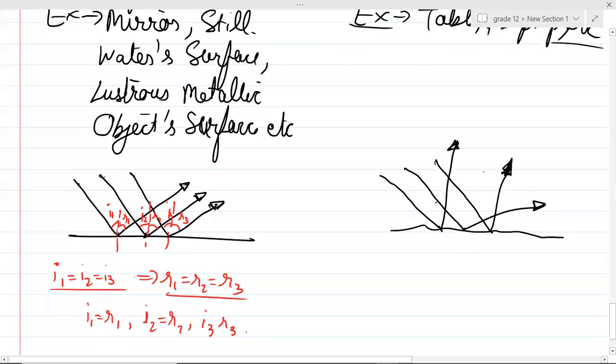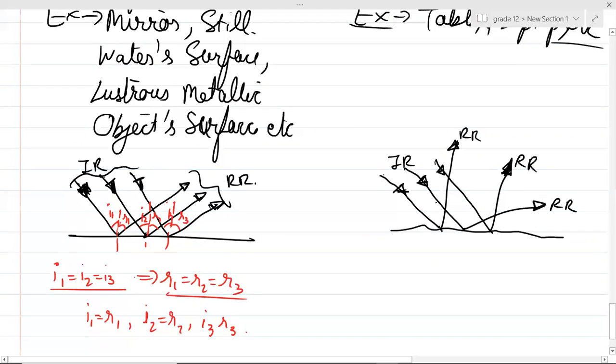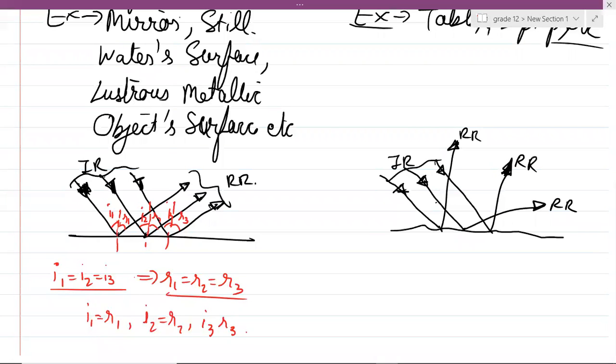Can you see in the case of irregular reflection, the light rays go like this, right? These are all incident rays, and these all are reflected rays. Clear?